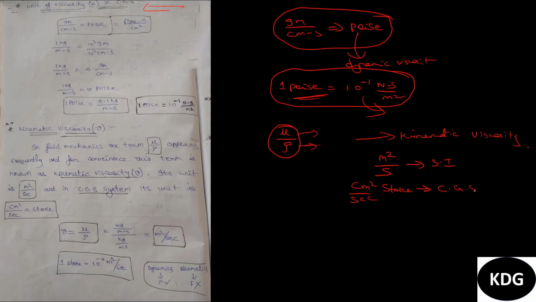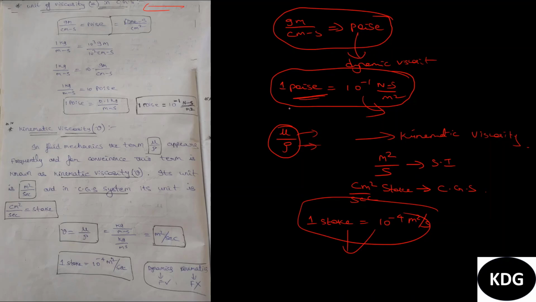You should remember that 1 Stokes equals 10 to the power of minus 4 meter square per second, just as for poise, so you know how Stokes and poise relate to their SI units.